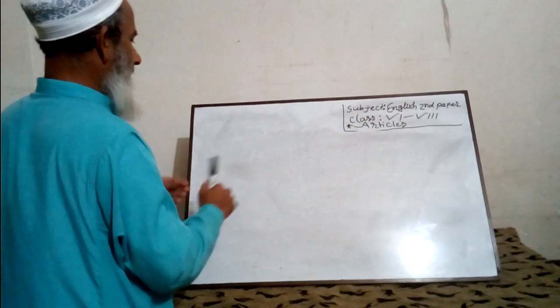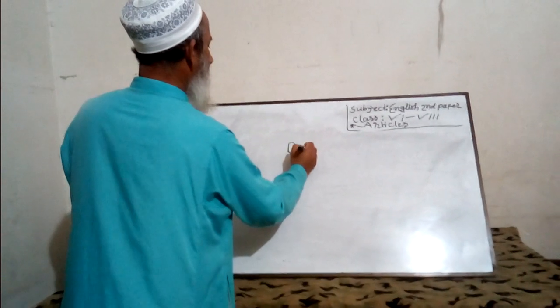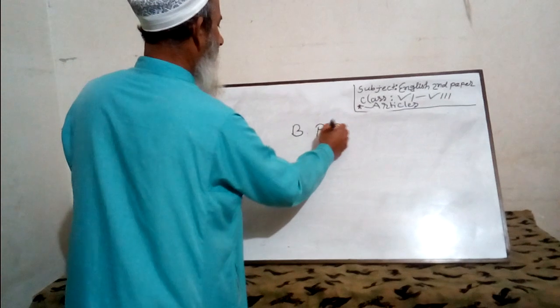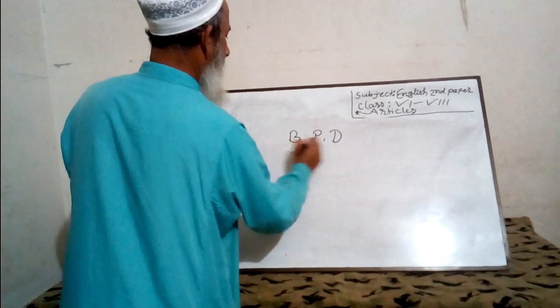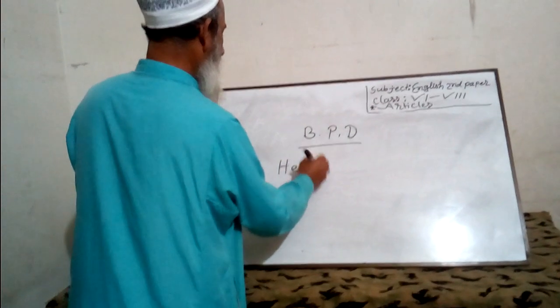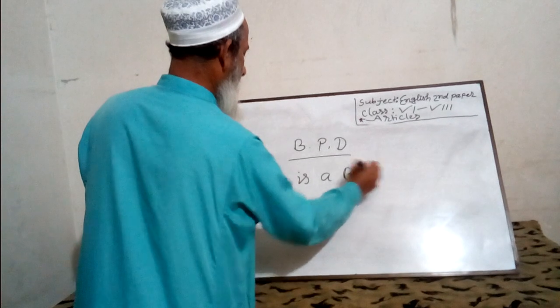There are some abbreviations that start with B, P or D. Before them we have to use a. A BA.